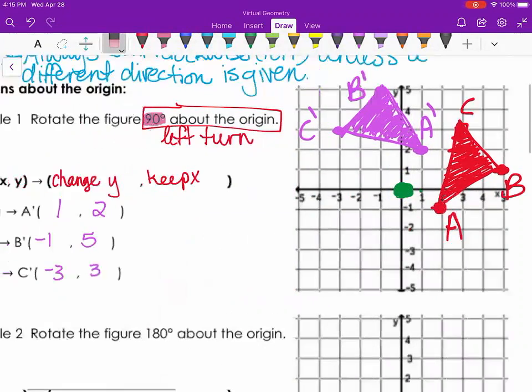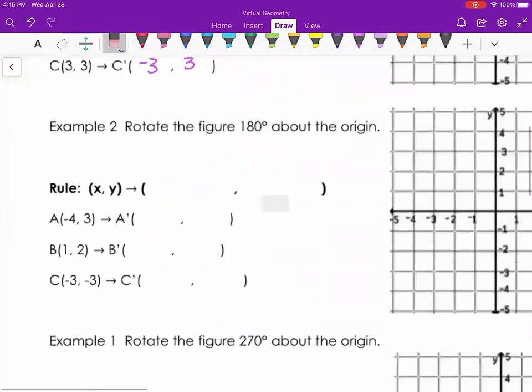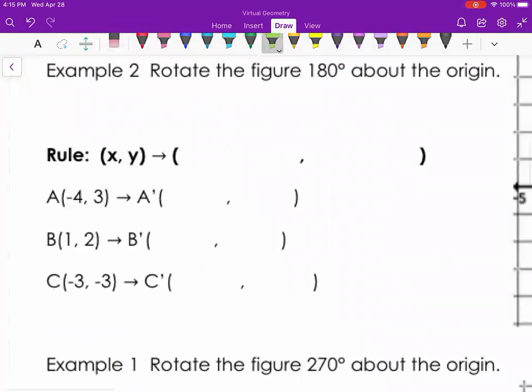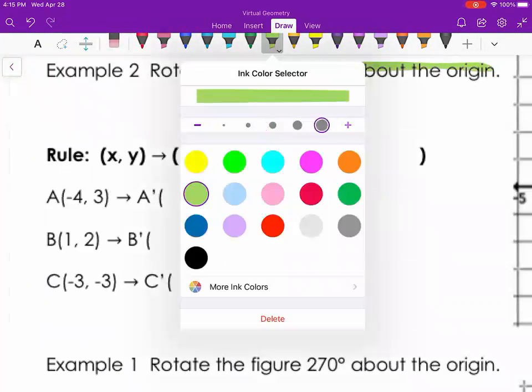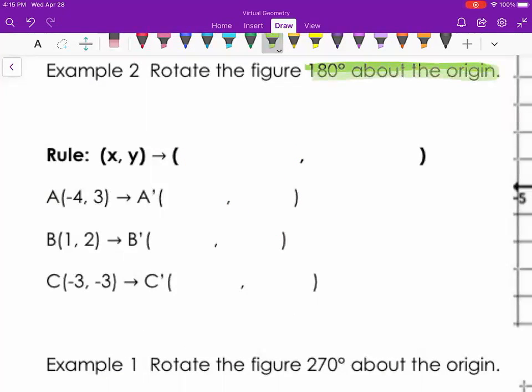Now, another kind of rotation that we work with is the 180-degree rotation. Again, about the origin. So like before, we are going to move to the left because it does not specify a certain direction. So let's get our points up here.